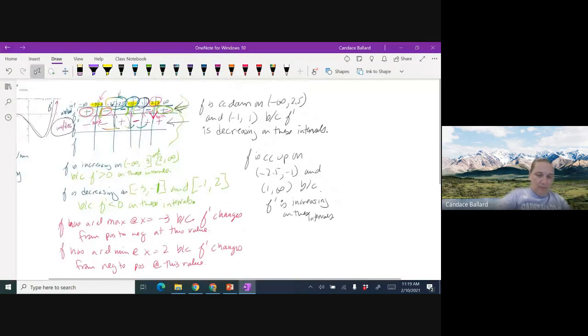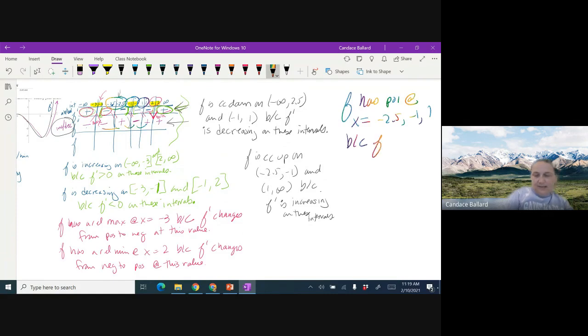F has a point of inflection at x equals -2.5, -1, and 1, because f prime changes from increasing to decreasing or decreasing to increasing at these values.